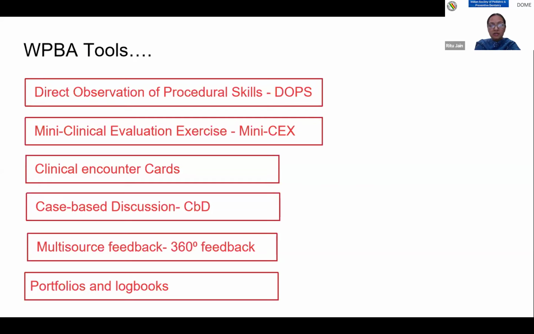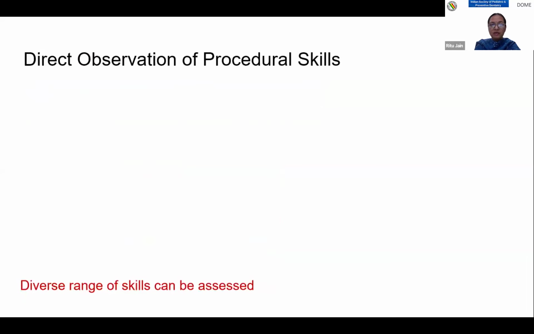We have multi-source feedback or 360-degree feedback, and portfolios and logbooks. All these are tools of workplace-based assessment. So from here we go on to the direct observation of procedural skills.